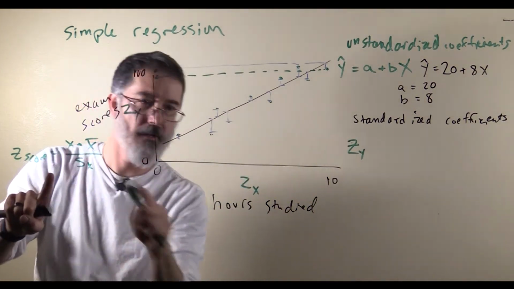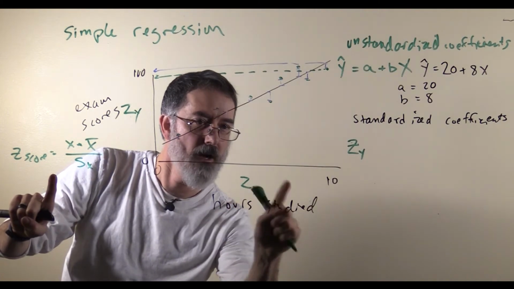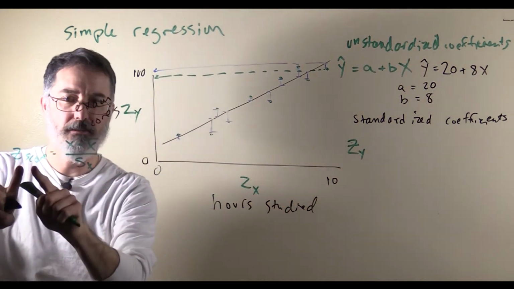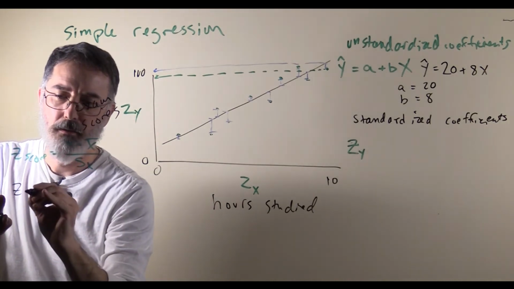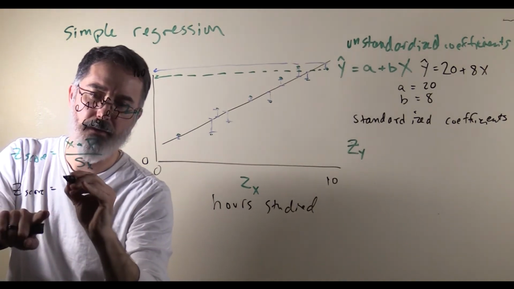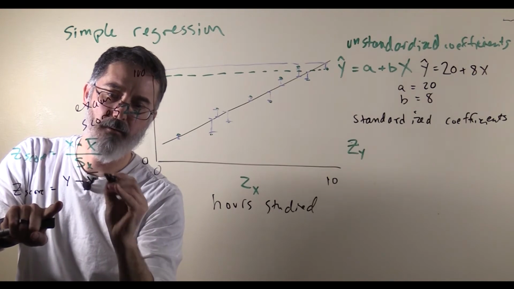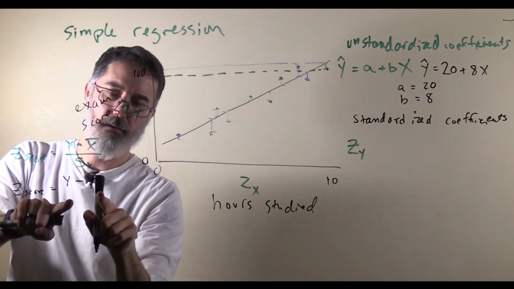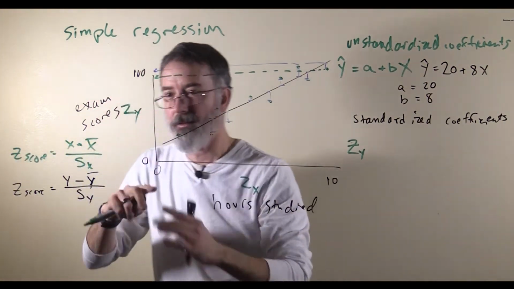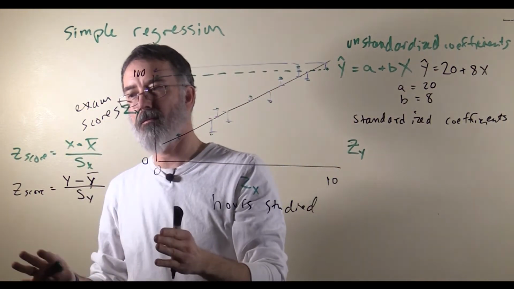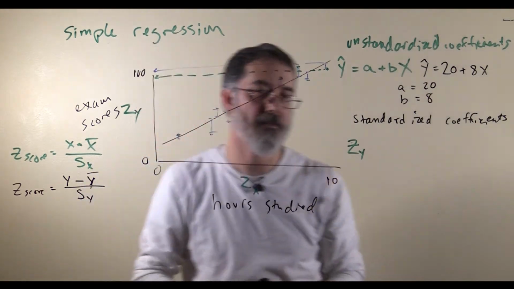So this would be the formula to change these raw hours studied into the z-scores for x. And for y, we take each y-score, subtract from it the mean of the y, divided by the standard deviation of the y. So these are the familiar z-score formulas that we've been working with all semester.